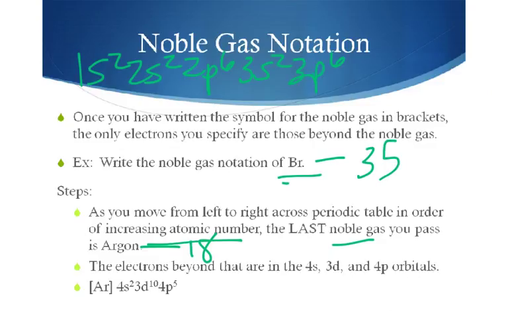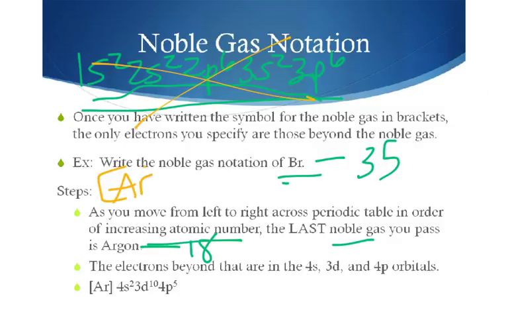Now, as you start off filling in those first 18 electrons for bromine, you would see the same stuff appearing right here. So a way to save some time, you can just say, okay, argon, and tell me what are the electrons beyond that, which if you look at the periodic table and follow along with your orbital diagram filling in, you would see that the remaining 17 electrons would be 4s2, 3d10, 4p5.